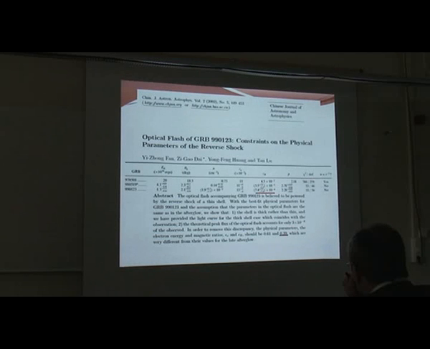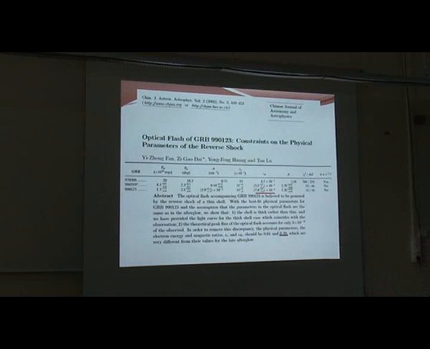a strong magnetic field in the reverse shock region. One can see the difference in the parameter epsilon_B is about 2.5 orders of magnitude. But you were not taking into account that the magnetic field affects the dynamics. It was just the epsilon_B that you were fitting there. Of course we didn't, because at that moment we didn't know.